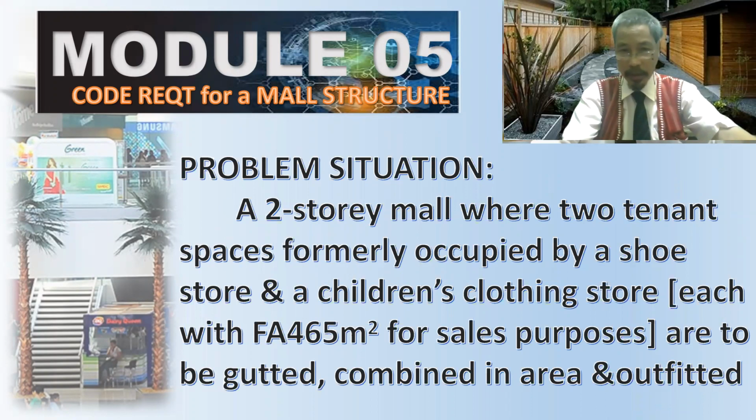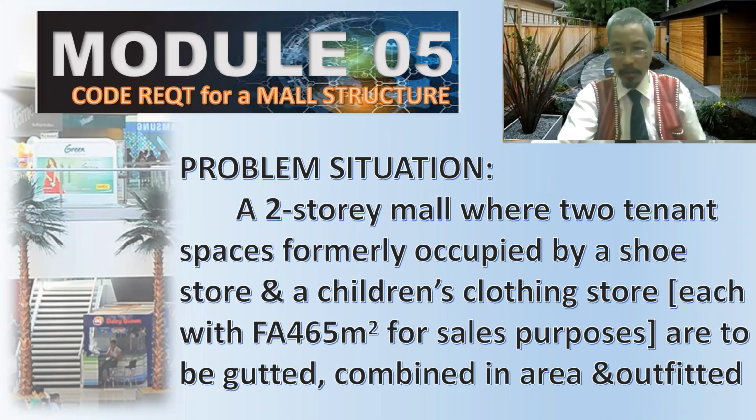The situation is that in a 2-story mall, 2 tenant spaces formerly occupied by a shoe store and a children's clothing store, each with a floor area of 465 square meters for sales purposes, are to be gutted, combined in area, and outfitted.